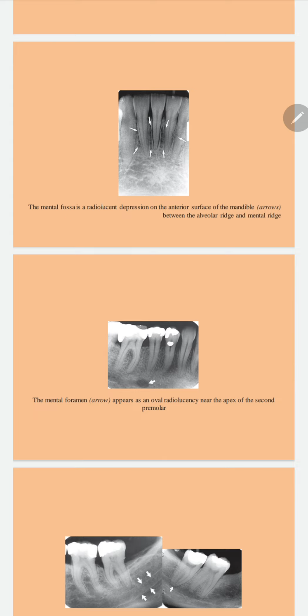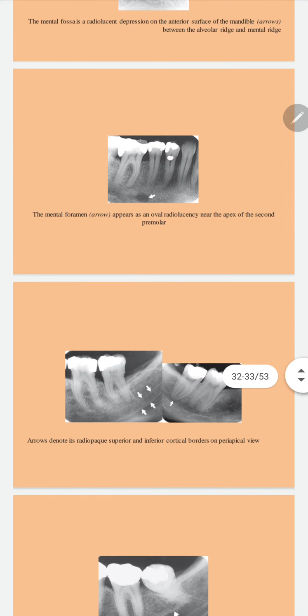Mental fossa is a radiolucent depression in the anterior surface of the mandible between the alveolar ridge and the mental ridge. Mental foramen appears as an oval radiolucency near the apex of the second premolars.